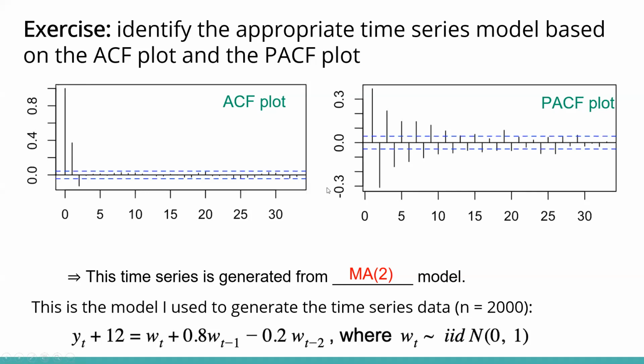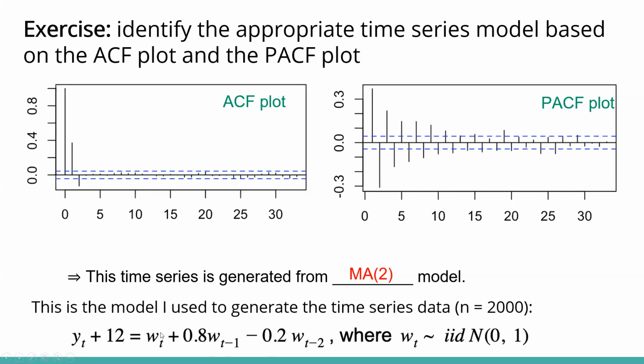Is there anyone who wants to ask a question now? Let me tell you this before you ask. What I have right here is the ACF and the PACF for this model. If you take a look at the model right here, this is a moving average model of order 2.